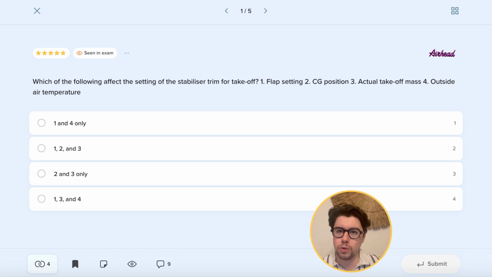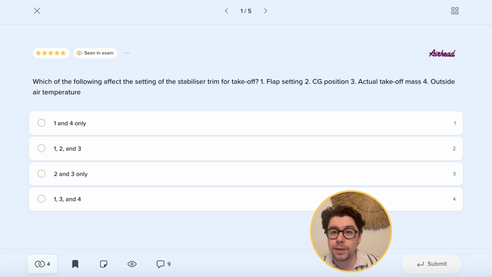However, you will also need to input all the data into the MCDU, and the MCDU, which manages the FMGC in the aircraft, will actually ask you about the flap settings, about your actual takeoff mass, and also your CG position, both zero fuel weight and the actual one.